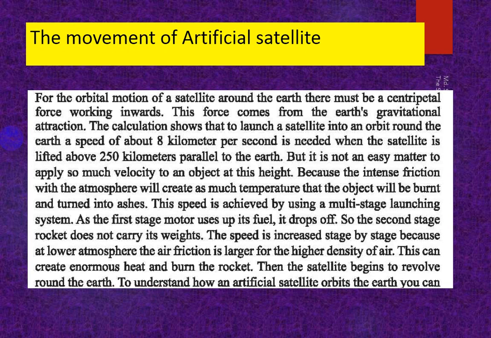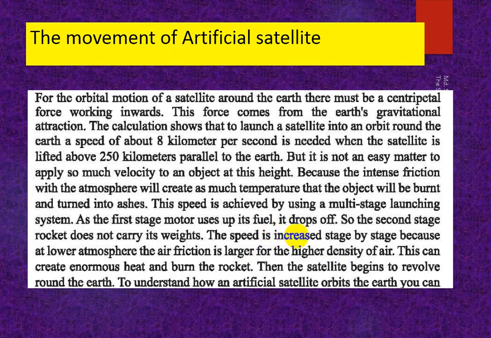This is taught in the intermediate physics chapter. If you use this velocity, an object can overcome the gravity of the earth, but it is not possible to use this velocity directly because of our atmosphere. We need to increase the velocity in three stages.